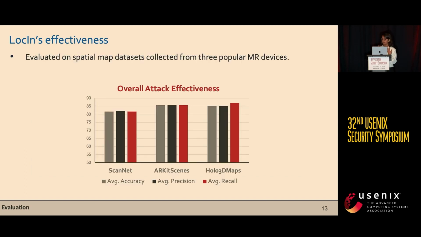Now I'm going to show you LocIn's overall effectiveness in terms of its accuracy, precision, and recall rate in detecting the indoor location. As you can see, LocIn detects location with more than 81% accuracy on all 3 data sets without any prior knowledge or assumption about the environment.